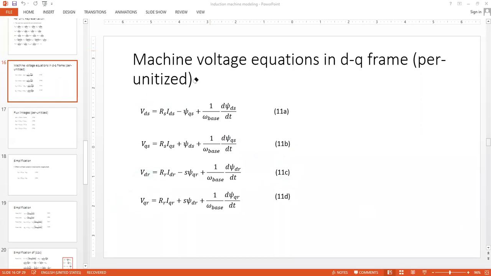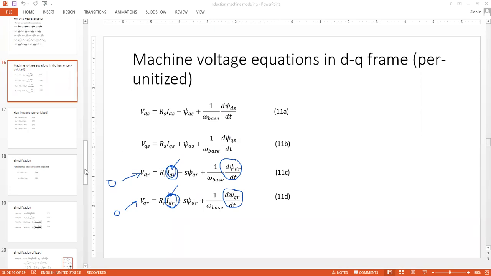Then what else can we say? What about IDR and IQR? We already know they can be replaced. Psi QR and psi DR, just leave them for the time being, as this is your state variable form. So this could be 0, this could be 0, and you can replace IDR and IQR.